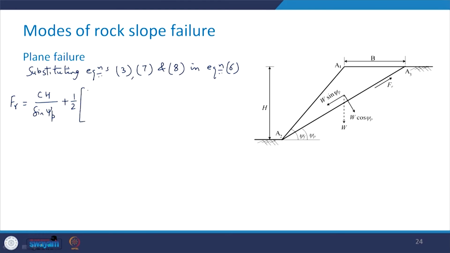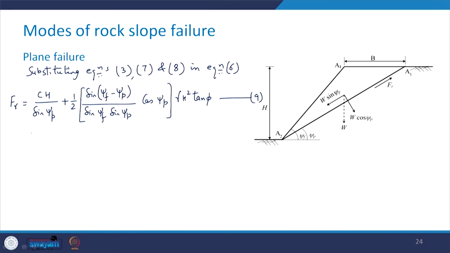So, you will have sine of psi f minus psi p divided by sine psi f sine psi p into cos of psi p, and we will have gamma h square tan phi. This is equation number 9.